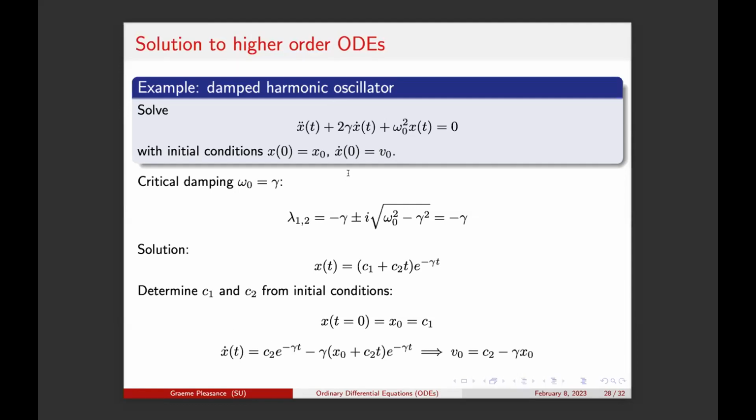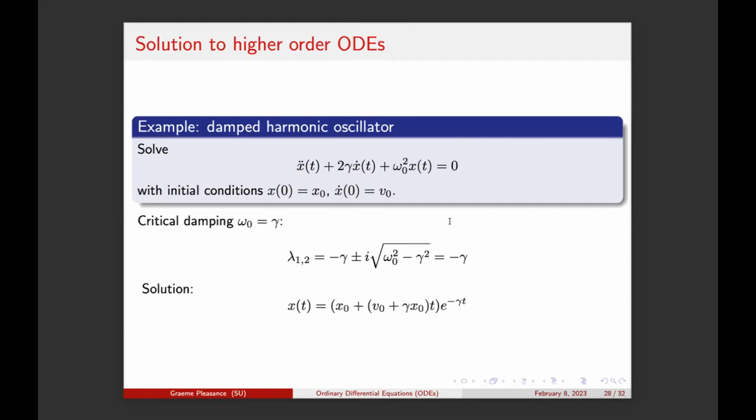We then substitute t is equal to 0, and then based on this expression, you can verify that we obtain the following, and then trivially, this allows us to determine C2 in terms of the damping rate gamma, the initial position, and also the initial speed.